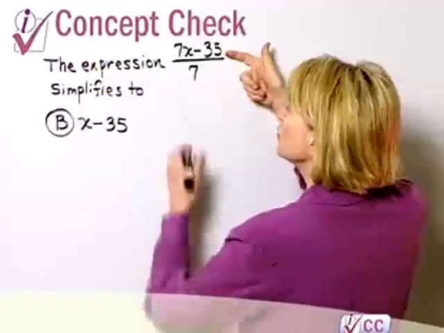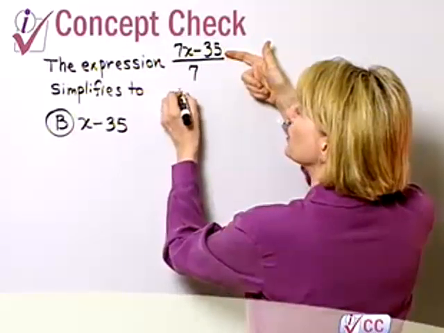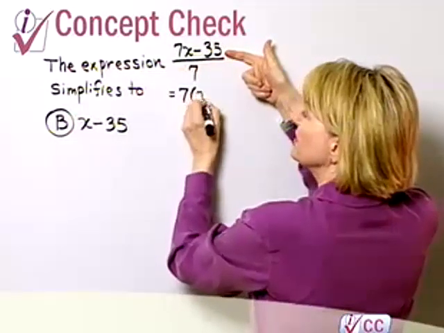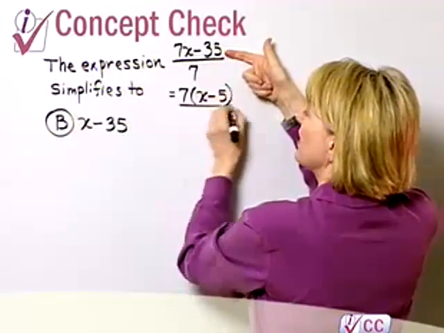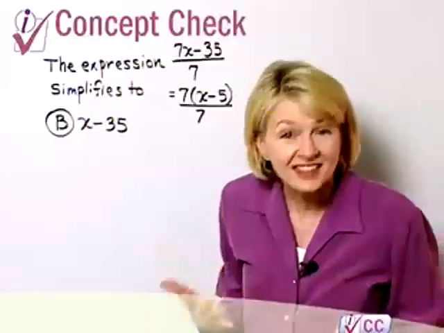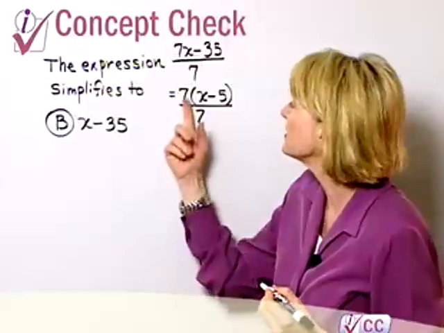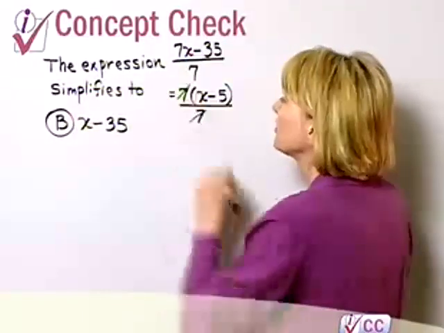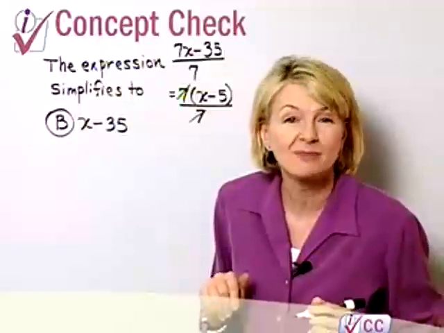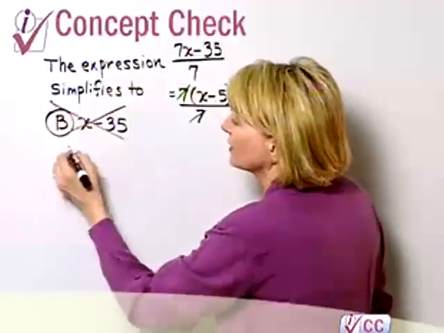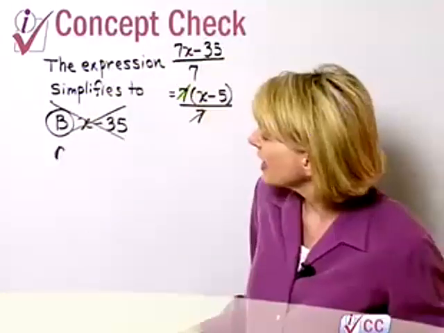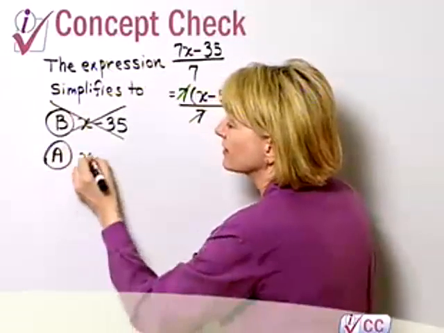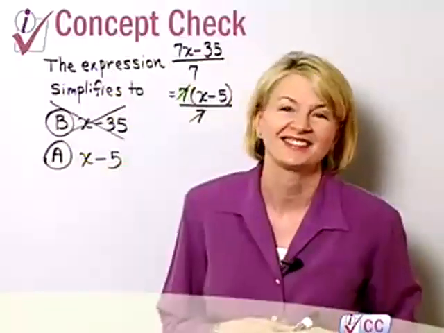Completely factor the numerator, and if you do so, you'll factor out a common factor of 7, have left x minus 5 over 7. Then the 7s can divide out because this is 7 times an entire expression. So the 7s do divide out, and we have left x minus 5. The correct choice is choice A, and that is x minus 5.